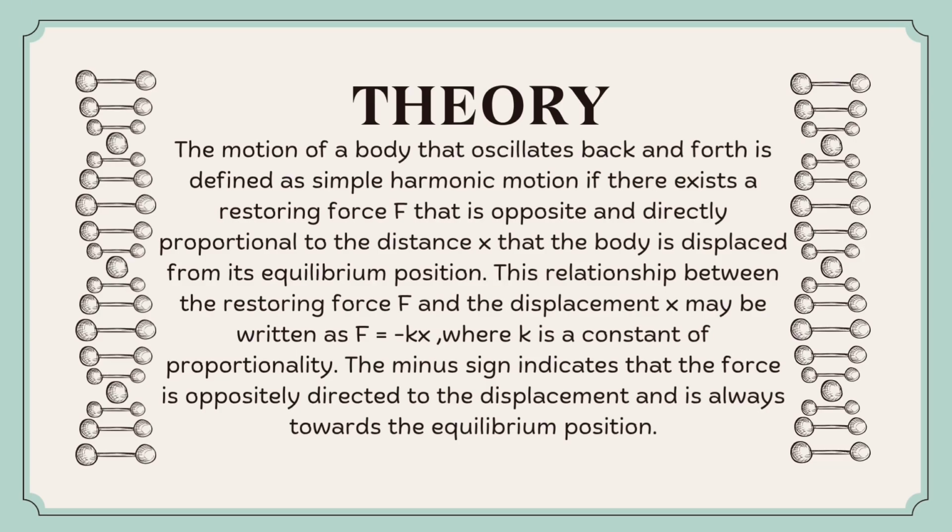This relationship between the restoring force F and the displacement x may be written as F equals minus kx, where k is a constant of proportionality. The minus sign indicates that the force is oppositely directed to the displacement and is always towards the equilibrium position.